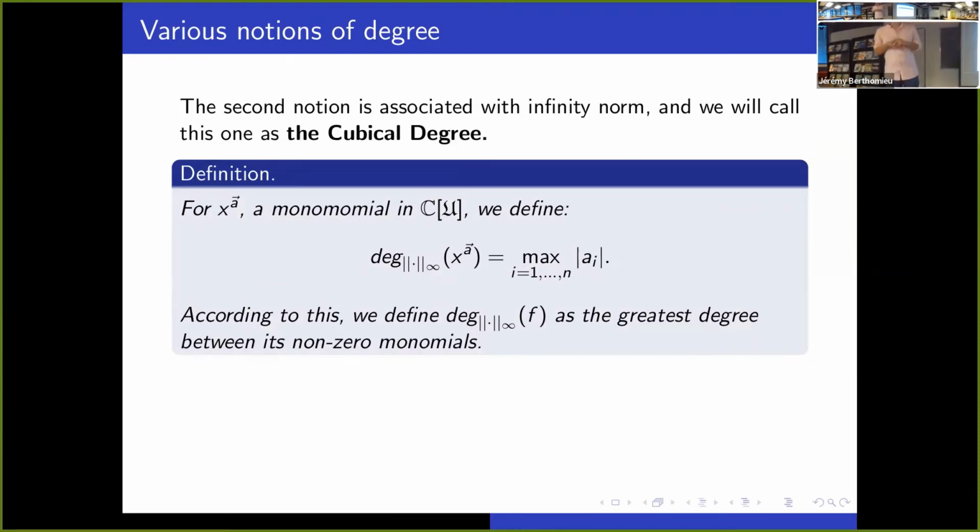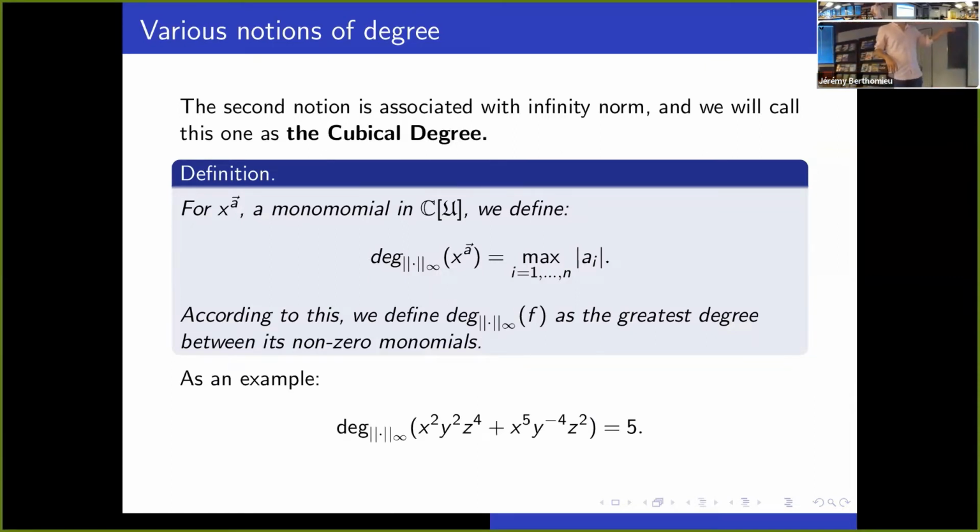You take a monomial, and the cubical degree of this monomial is the maximum of the absolute value of its components. And according to this, we define for any polynomial the greatest degree between its non-zero monomials. You take the same example, and here the cubical degree of this polynomial is 5, because for the second term, the maximum component is 5.